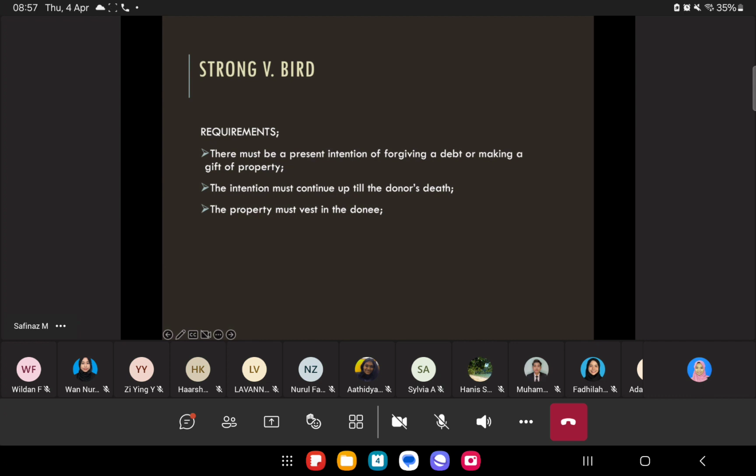Intention must continue sampai dia mati. Donor's death, macam dalam kes ni, dia ada niat untuk lepaskan hutang tersebut. Lepas tu niat tersebut must continue sampai dia mati, and property must vest in the donee. And vesting of property kat sini dalam strong and bird ni kita lihat from the fact that he was appointed as dia punya administrator tu.